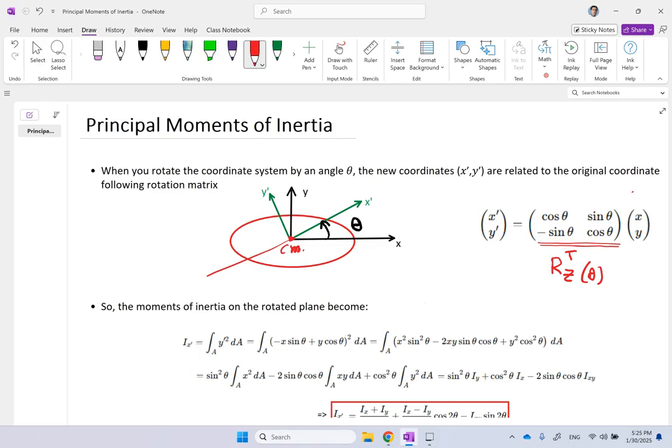So if you expand that, x prime is x times cosine theta plus y times sine theta, and y prime is negative x sine theta plus y times cosine theta. Okay, so this is the relation between them.